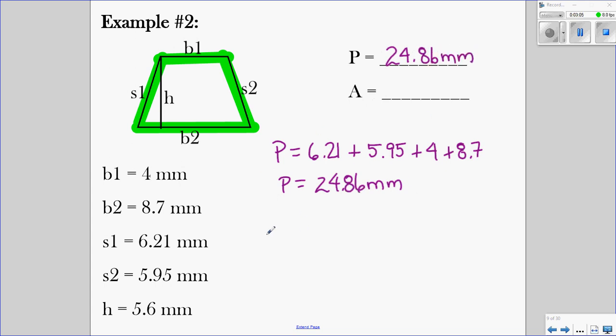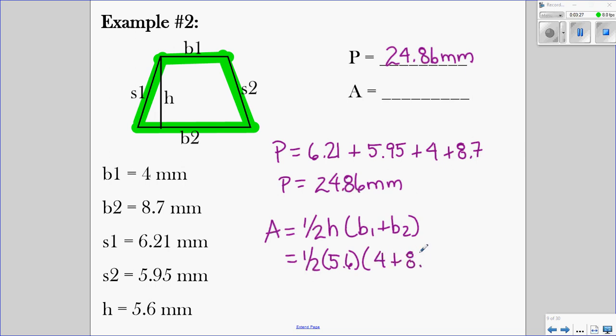And then for area of a trapezoid, remember, if you go back to that chart, it was half times height times the sum of the two bases. So you just plug in the information that you have. So the height is 5.6. And for the bases, you have 4 plus 8.7. And then you just simplify.